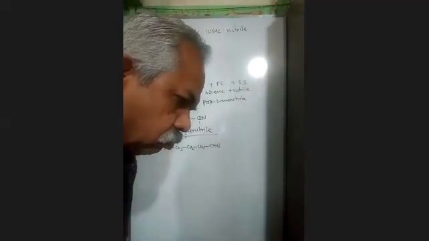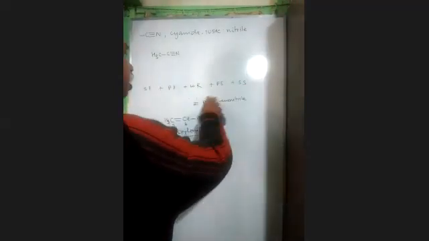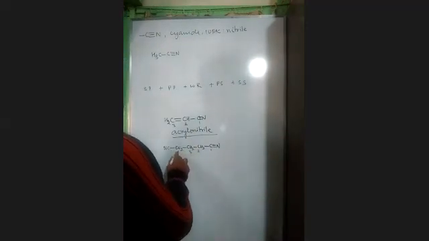So is it pentane nitrile? You have to put numbers, no? Pentane 1,5 dinitrile. Yes, 1,5 dinitrile. It is 1, 2, 3, 4, 5. This basic thing you don't forget.